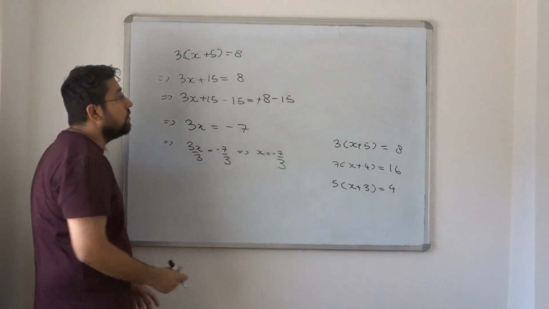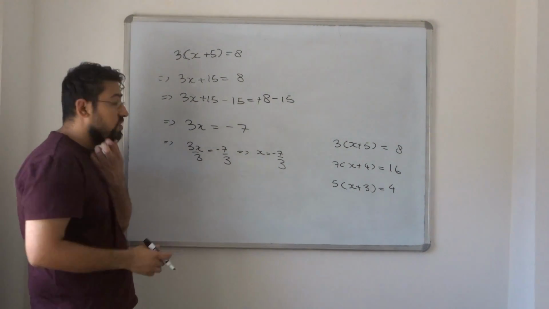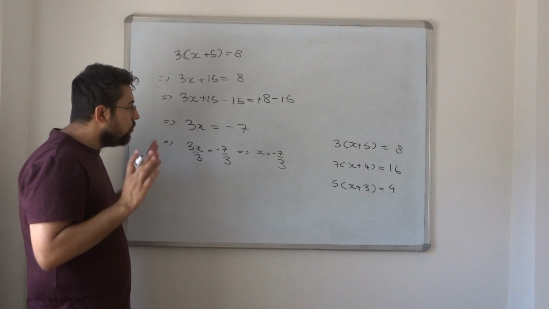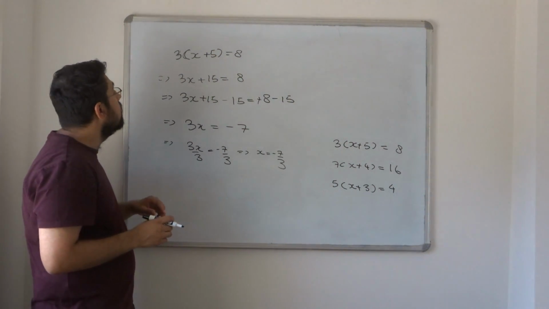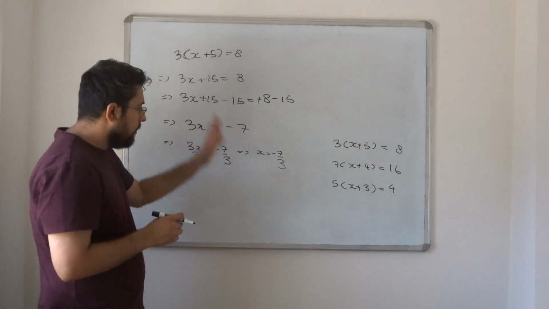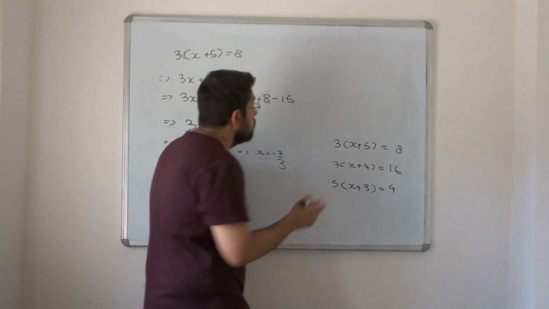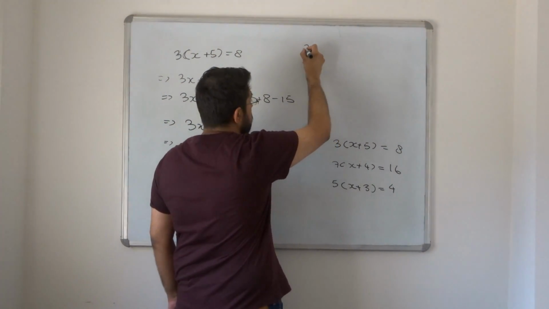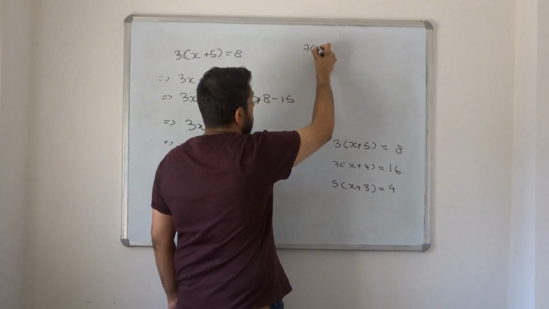I already told you guys, I've made these questions up, so you're going to get weird answers. If you do, don't think it's wrong. I'm sure you already know how to verify your solutions, so I will leave that to you guys.